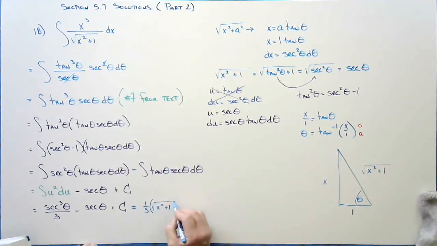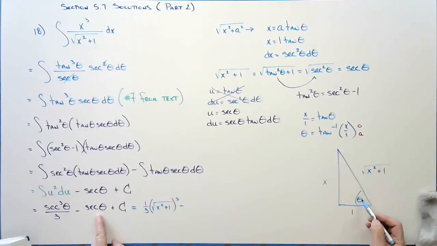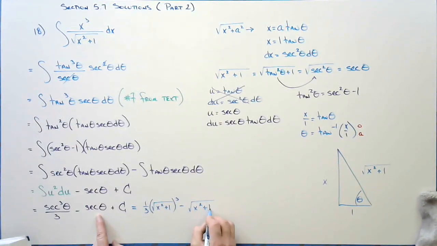So we're just going to cube this, minus secant of theta. Secant of theta we just decided was hypotenuse over adjacent. So that's minus the square root of x squared plus 1, plus c.